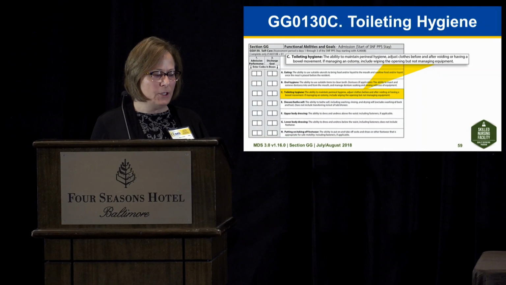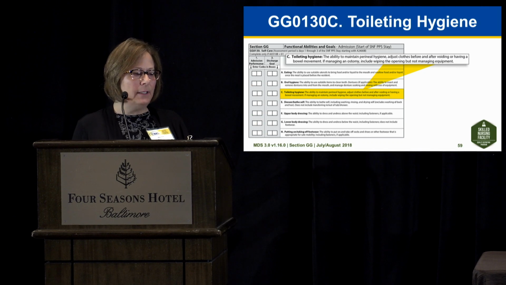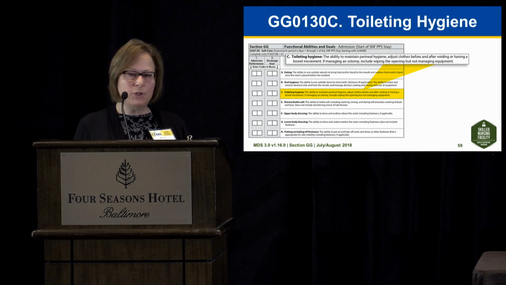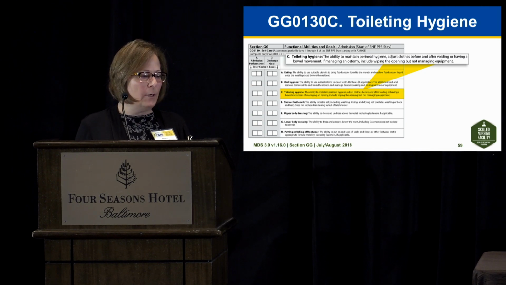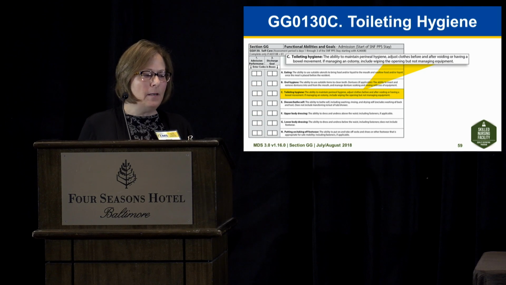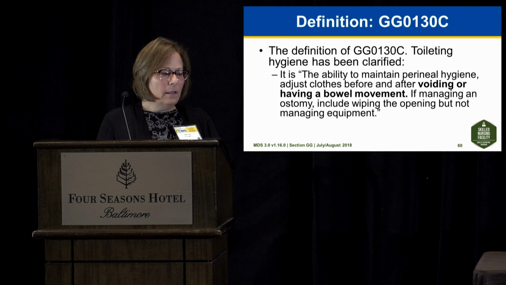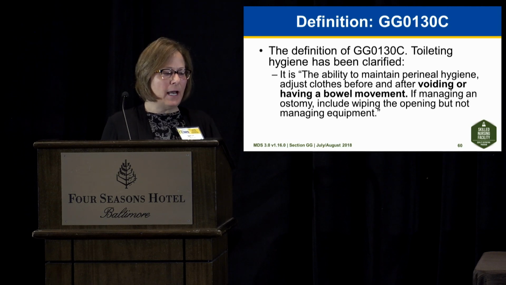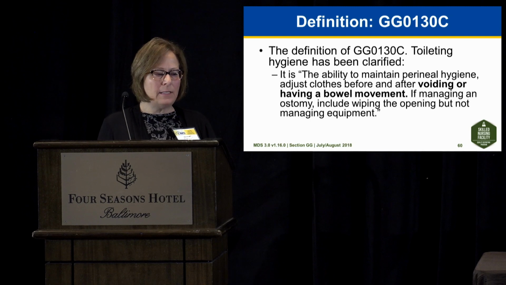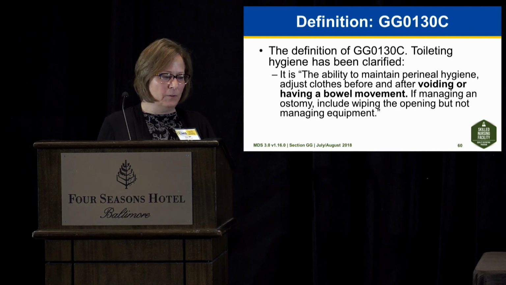GG0130C is toileting hygiene. Toileting hygiene is the ability to maintain perineal hygiene, adjust clothes before and after voiding or having a bowel movement, or if managing an ostomy, it includes wiping the opening, but not managing the equipment. As Anne mentioned, toileting hygiene has been clarified, and the coding instruction now says it is the ability to maintain perineal hygiene, adjust clothes before and after voiding or having a bowel movement.